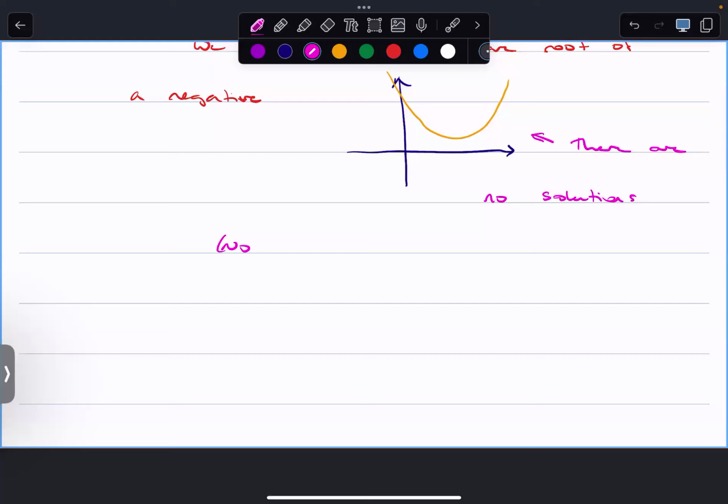And what we mean by that is there are no values of x that make ax squared plus bx plus c equal to 0. So that's what that looks like.